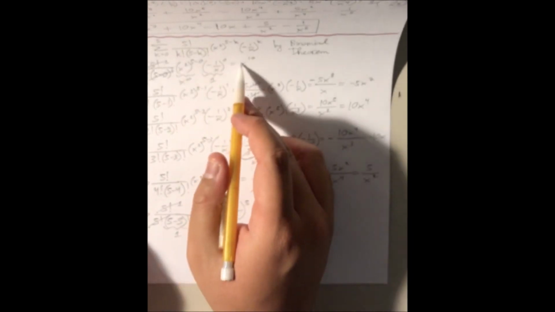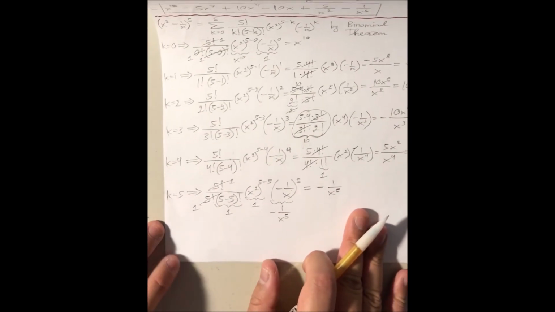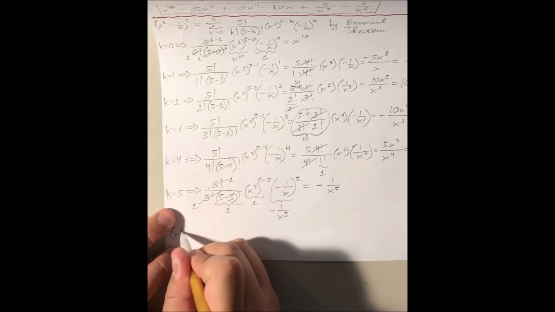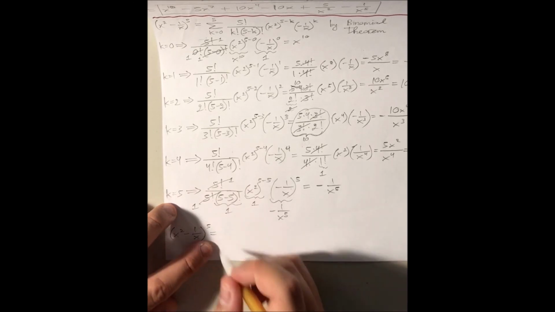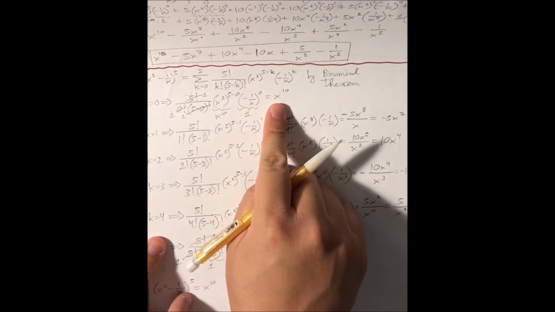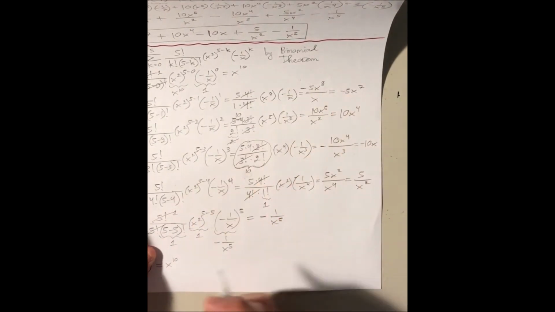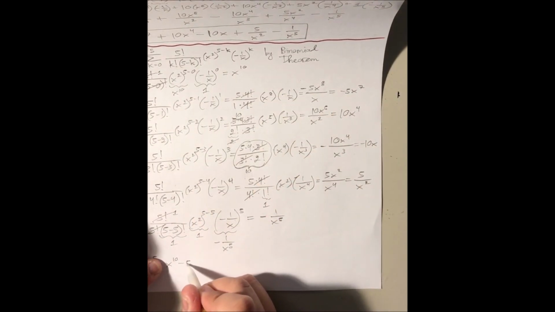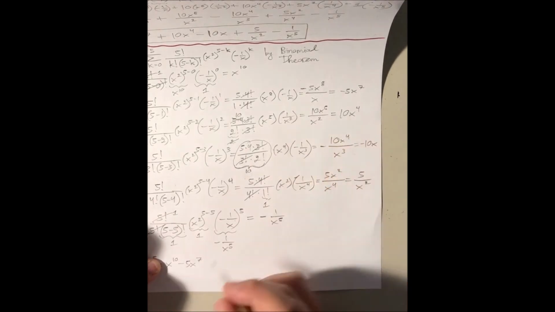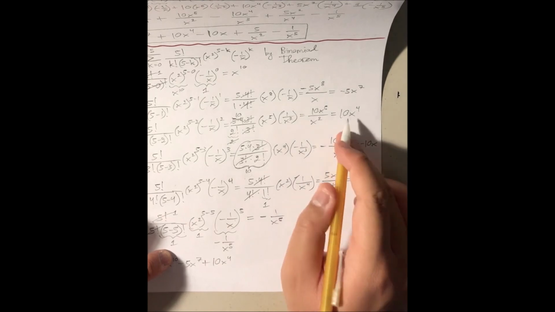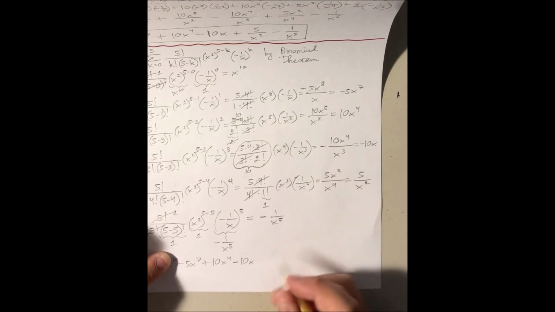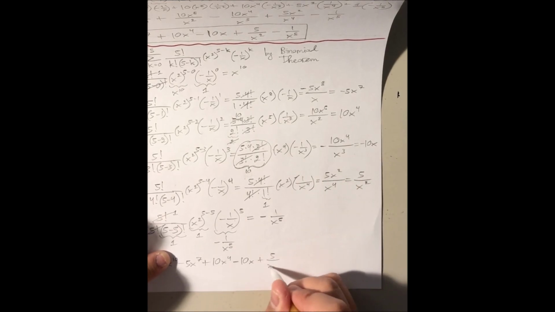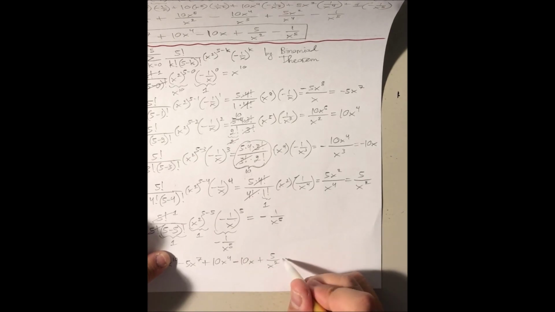So adding all of these products together that we got right here, by the binomial theorem, we know that x squared minus 1 over x raised to the 5th is the sum of x to the 10th, which is right here, plus negative 5x raised to the 7, so minus 5x to the 7, plus 10 times x raised to the 4th, plus negative 10x, plus 5 over x squared, and then plus negative 1 over x to the 5th.